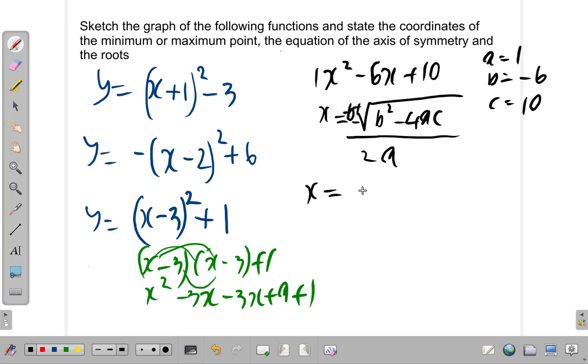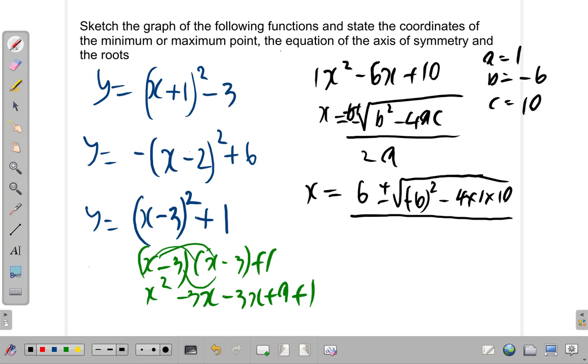So x equals minus negative 6 is positive 6 plus or minus the square root of b squared, which is negative 6 squared, minus 4 times a, which is 1, times c, which is 10, all over 2 times a, which is 1.